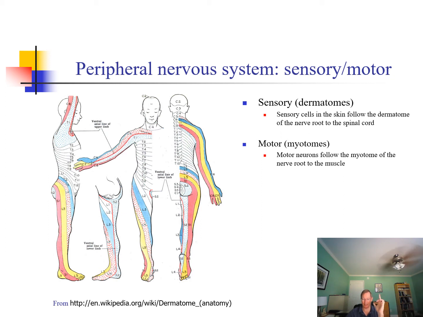C7 is this, okay? If you remember that, you'll always remember C7. I get down into my thoracic region, and where my nipples would be placed is at approximately the T4 region. And where my belly button is placed is at approximately T10. So you can kind of divvy up things in between that.